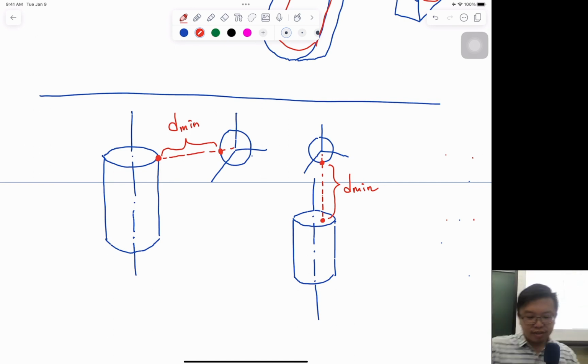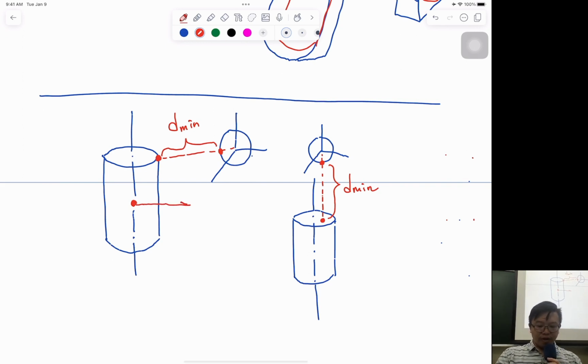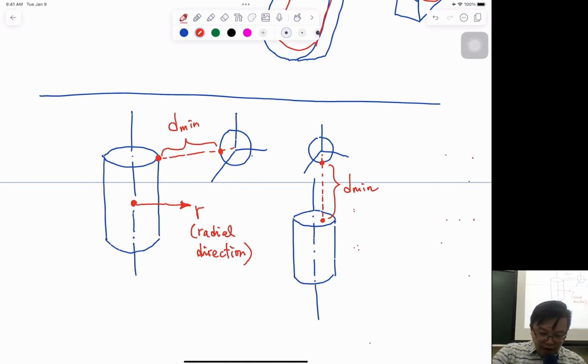So one good way to study this is to assign some kind of coordinate system. If I choose the middle point of the cylinder and then I say this is a coordinate called radius. R indicates radius. Basically, radial direction. Okay? And going up, what was the coordinate I used?